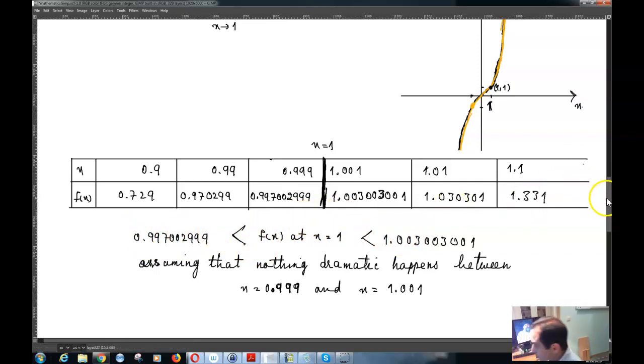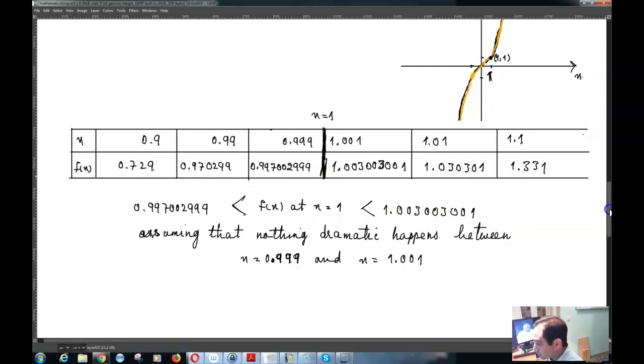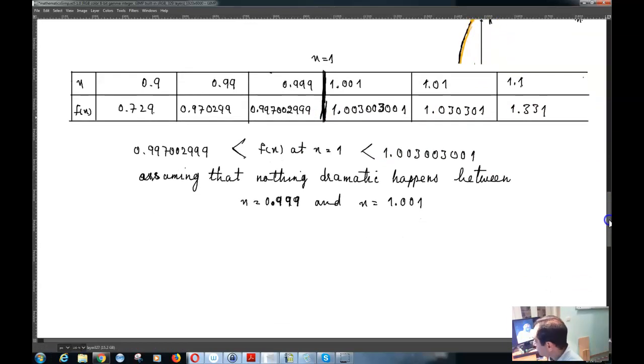Now, you need to pay attention to the language that I'm using here. I'm saying that it's reasonable to assume that the value of f of x at x equal to 1, as dictated by the numbers to the left of 1, is 1.